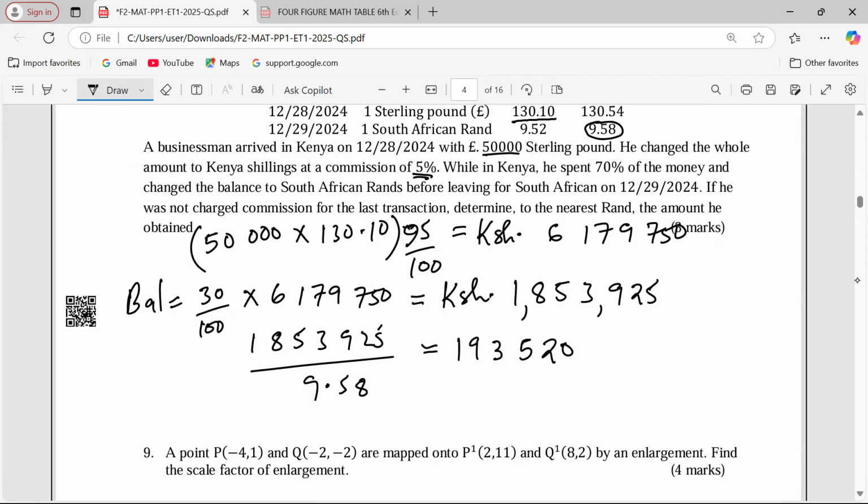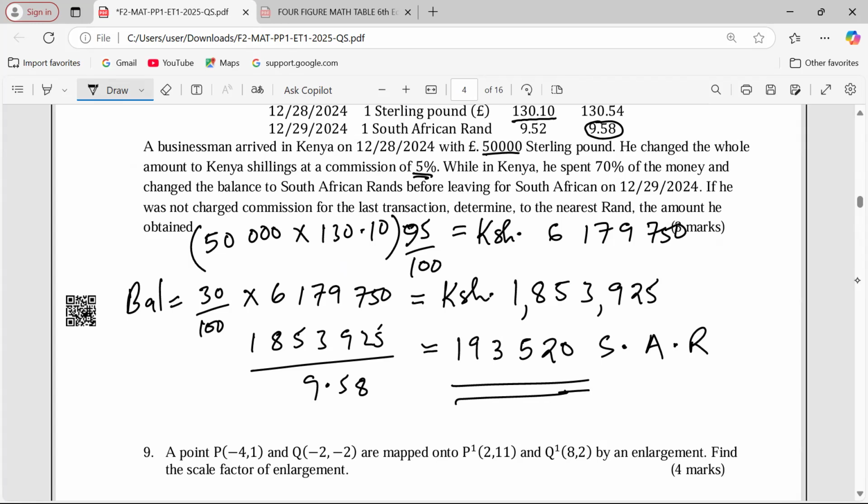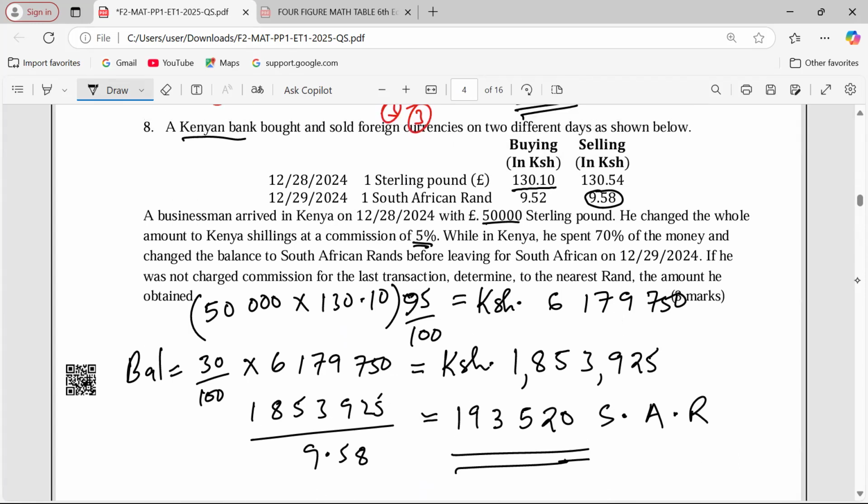We have been told to the nearest South African rand. That is the amount the businessman is going to receive from the bank.